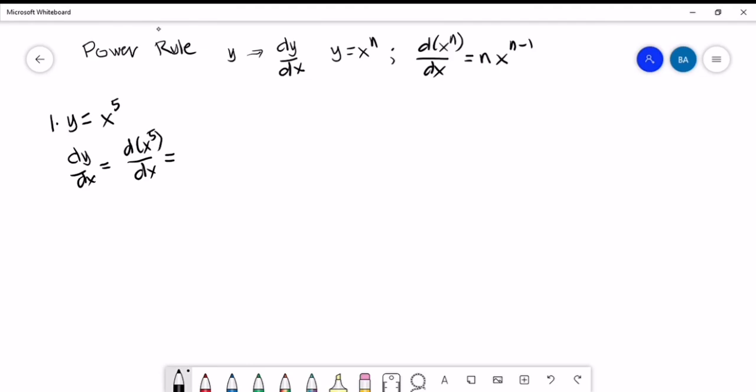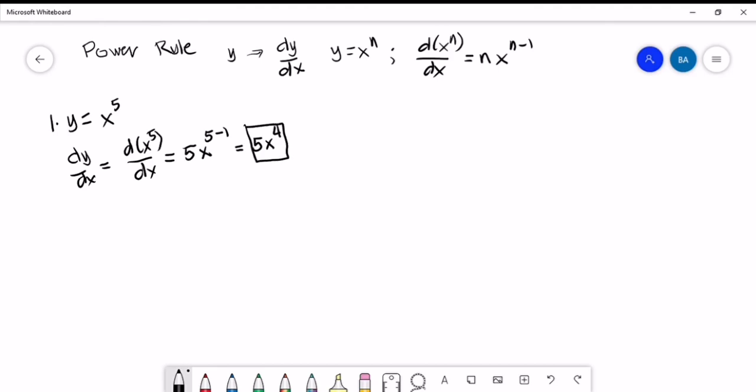The n is our exponent, so what we need to do is just bring down the exponent. Our exponent is 5, so bring down the 5, copy the x, and then exponent minus 1. So our exponent is 5 minus 1. Therefore, our answer is 5x raised to 4.